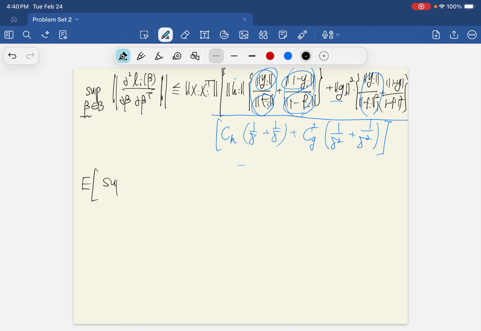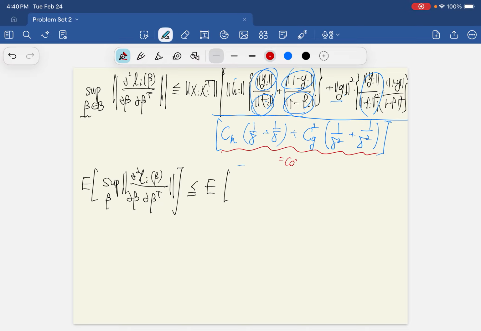And so now, the expectation of supremum over beta of the second derivative is less than the expectation of, I will write these guys as just one constant, then a constant times xi transpose norm.